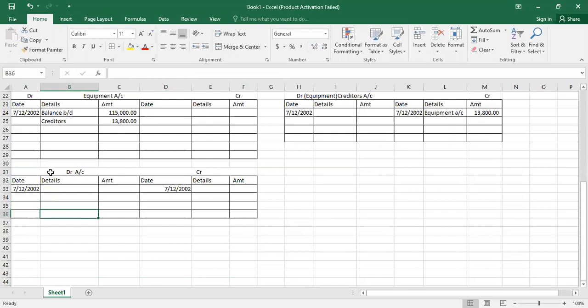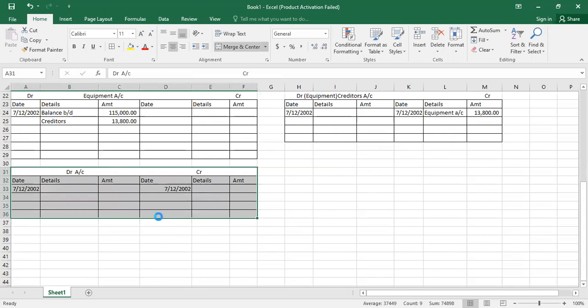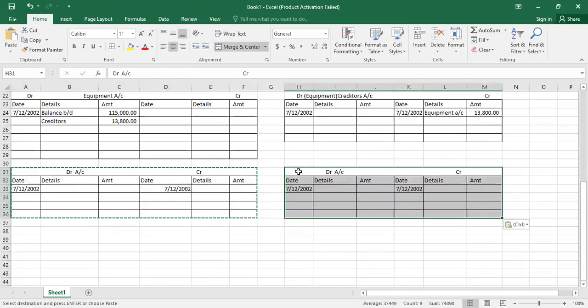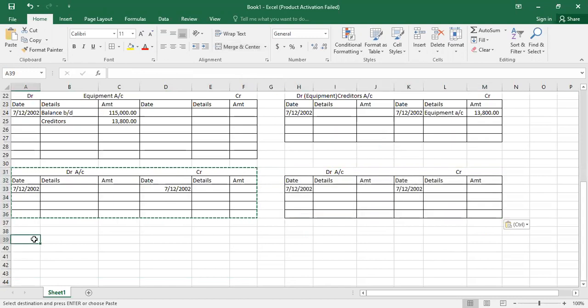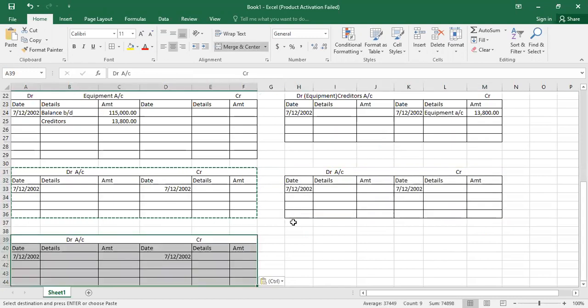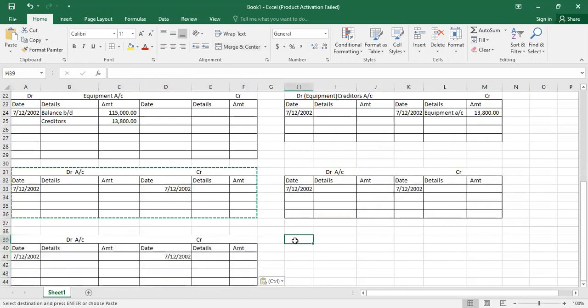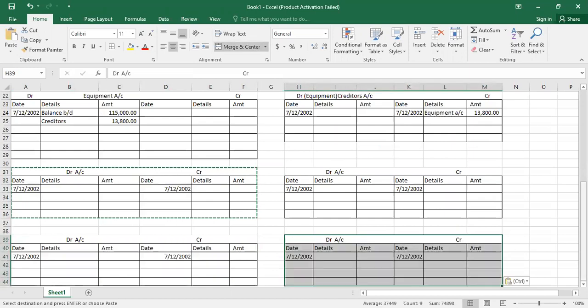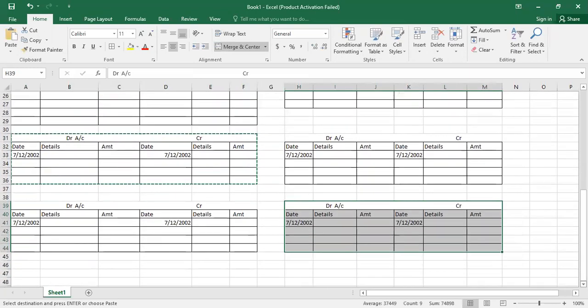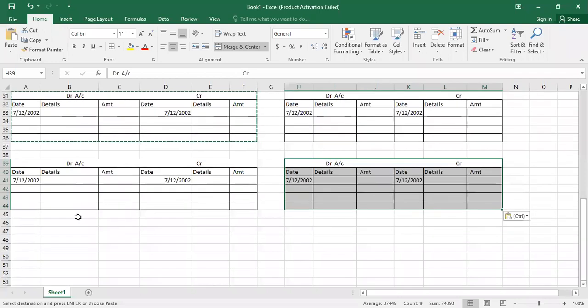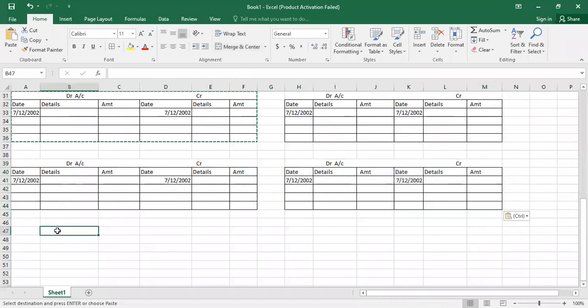So let me copy the blank. Paste. Trying to save time for the subsequent journal entries, so that once we go to the entries, we just need to pick and paste.